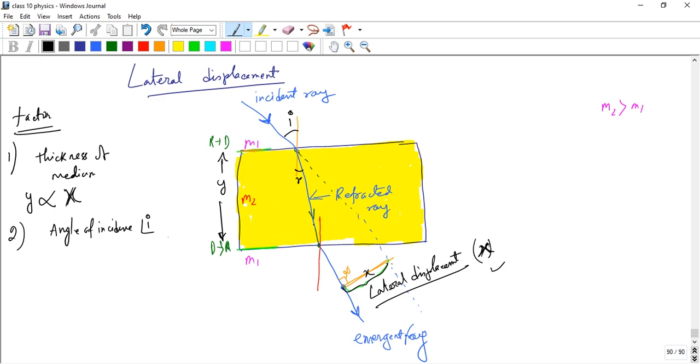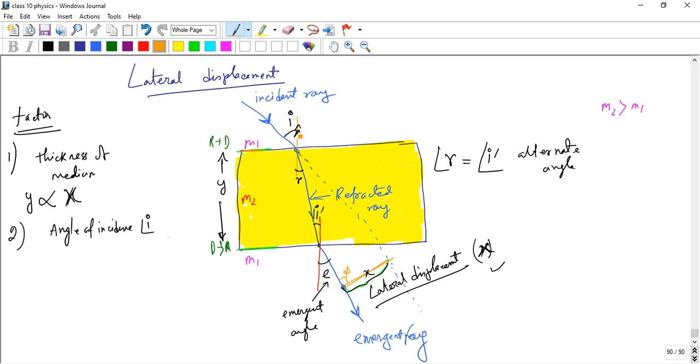Now that is called I dash, and that is called the emergent angle E. We say that R is equal to I dash, since from the figure these are alternate angles.